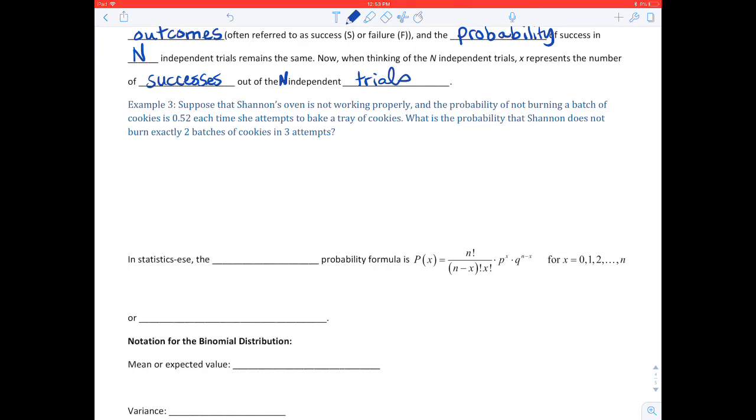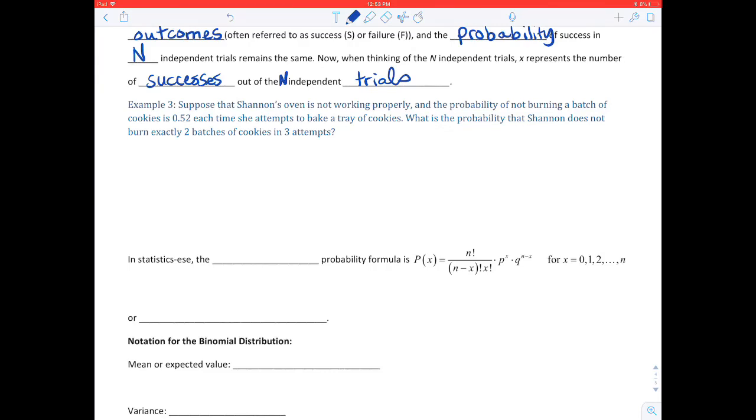All right. So, however we want to say this, you can either define what a success means, or you could either burn or you don't burn, right? So the success in this case would be not burning.